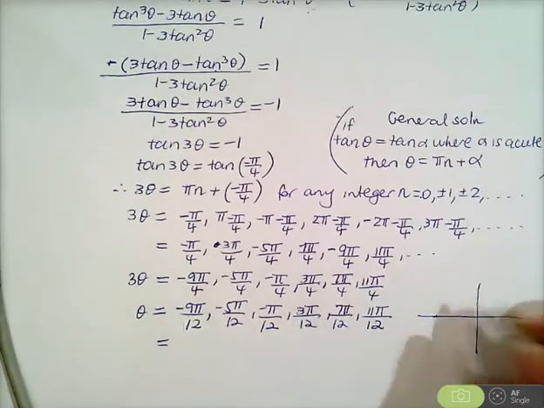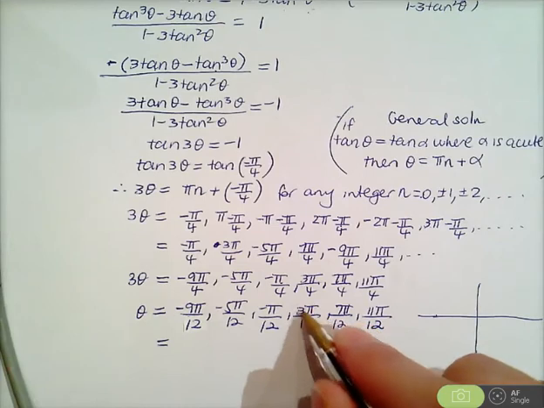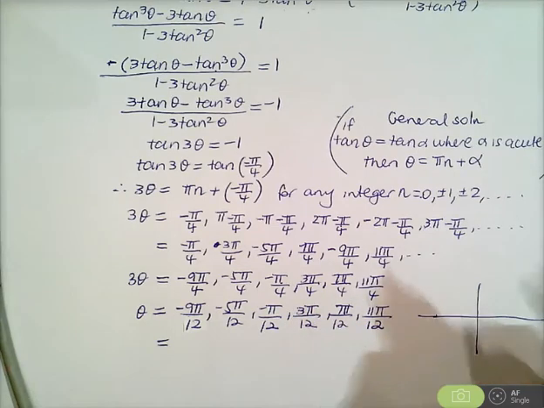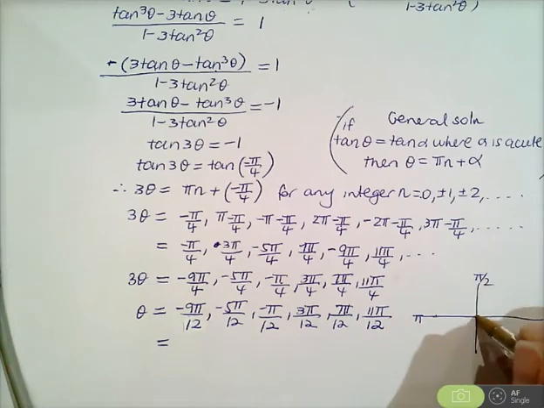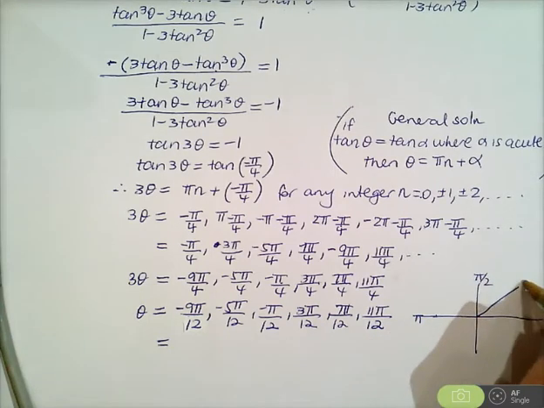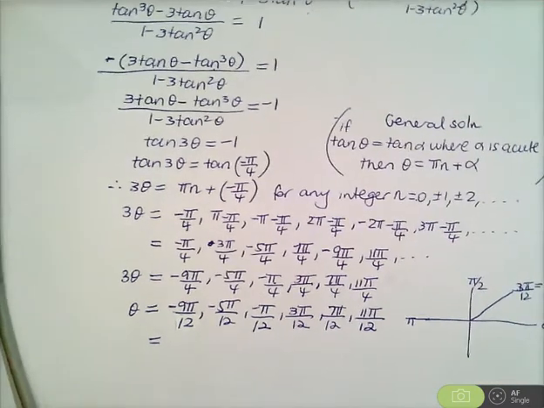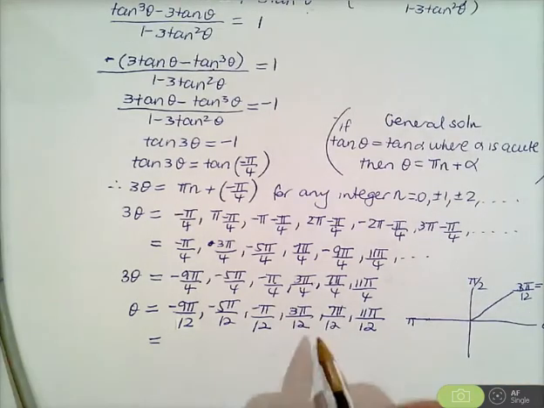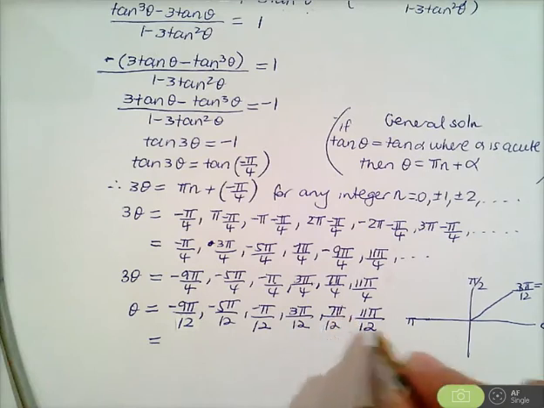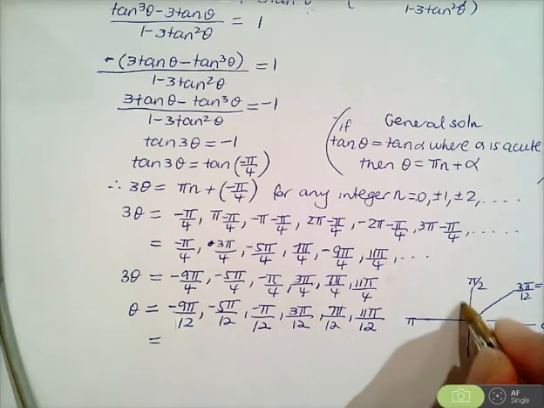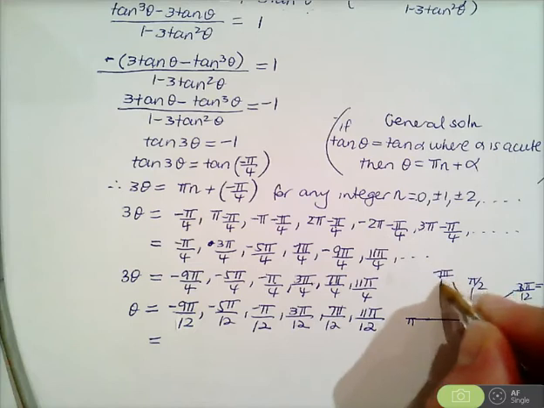So let's just sketch where they are. 3 pi on 12 is a quarter pi, and this is 0, this is pi on 2, so 3 pi on 12 would be here, which I'll just write as 3 pi on 12, but remember it's the same as pi on 4. And the next one, 7 pi on 12, is a bit more than pi on 2, so 7 pi on 12 would be about here.